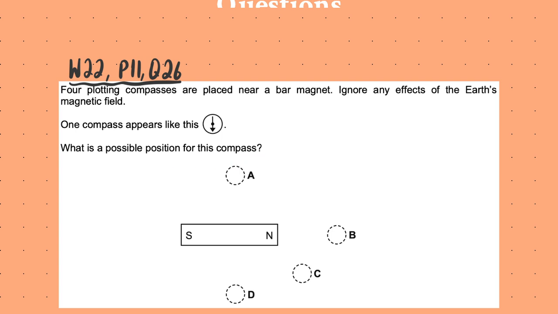Now I know how the field lines are going to be. They are going to be like this, from north to south, like this, and then similarly like this here. And then if I want to link it up with this one, it's probably going to point something like this. And it says that the compass appears like this. Now at this position, right in the middle of the magnet, this is going to appear purely to the left.